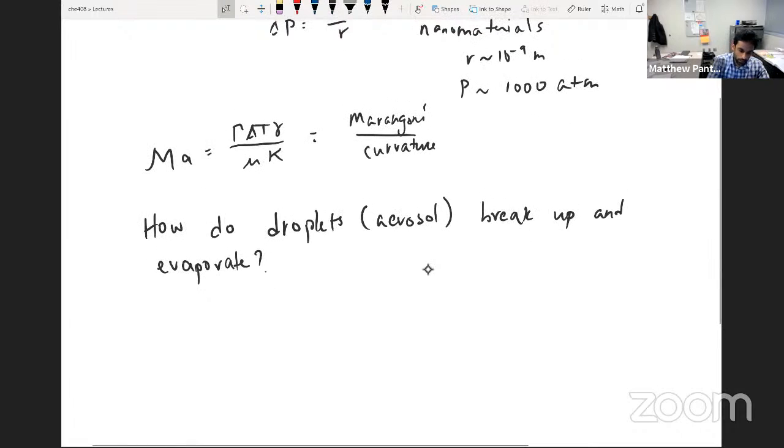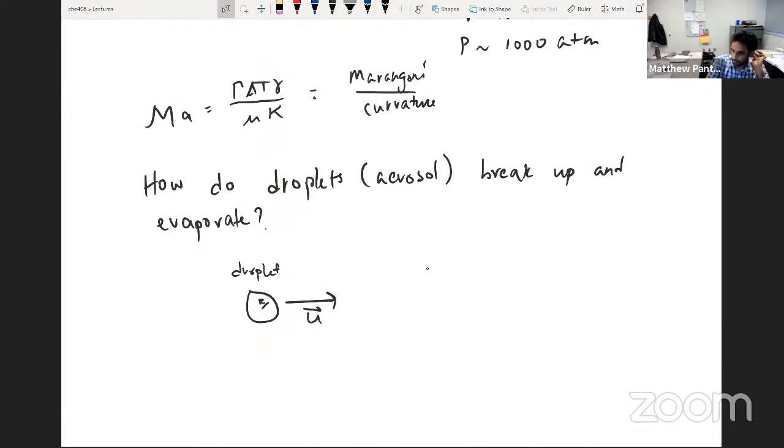Okay, so we can think about just one droplet, again, with radius r, and it's moving. Suppose it has some velocity, let's say u. There are a couple of different effects here.